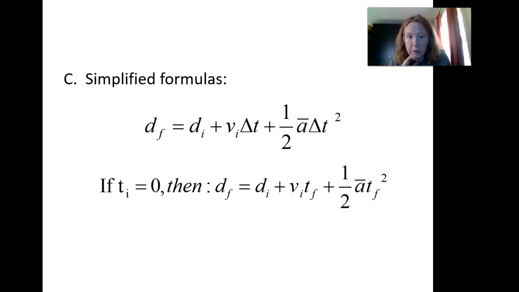Maybe it's the rainbow function, or maybe it's the left side of the U. But no matter what it is, you can solve for a particular position at any moment of time just by plugging that in if you know the time.